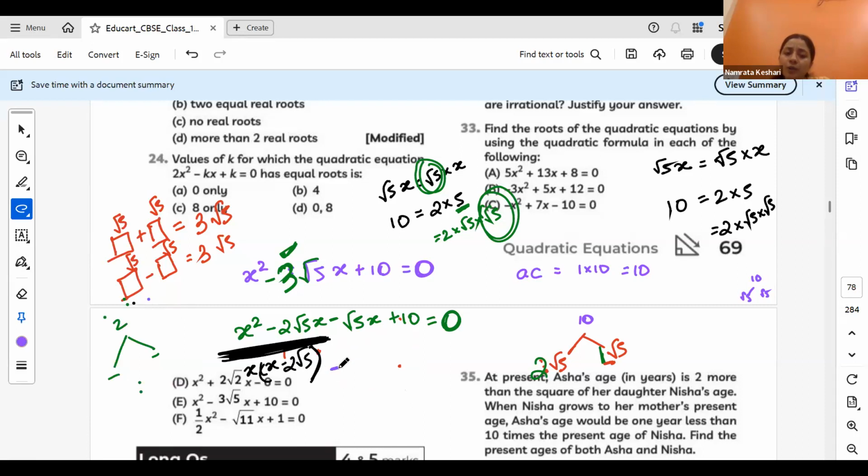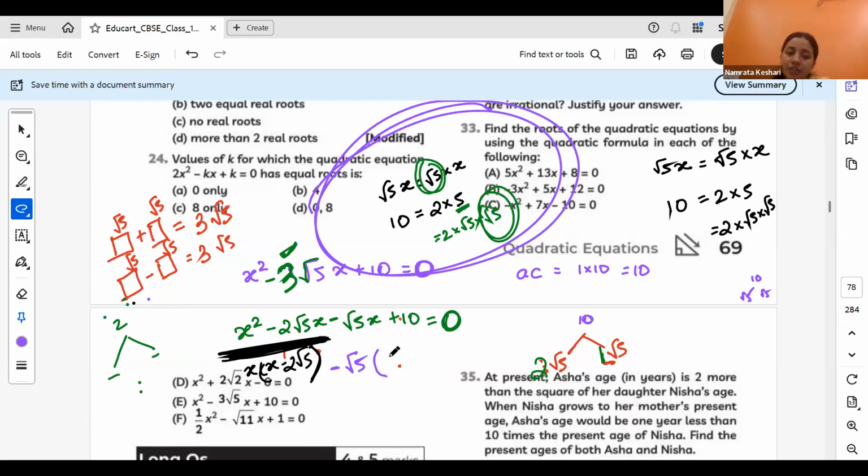We want to take what common? Root 5, because this is giving us the clarity. Root 5 is common, and what is left in the first term? x is left. In the second term, 2 root 5 is left. Okay, your x value is 2 root 5. Another x value is just root 5. Is it clear to all of you?